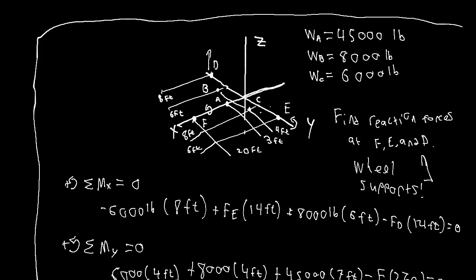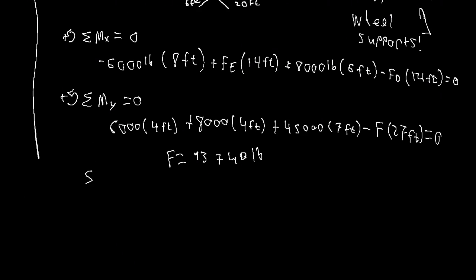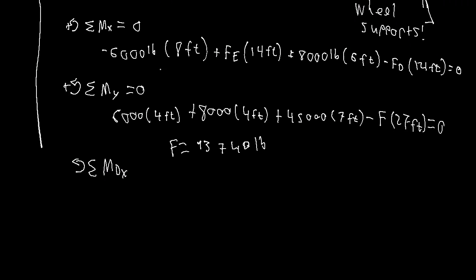Let's draw this out here. So we'll use the dx-axis, the x-axis, that is, and that's positive. So, summation of moments about the dx-axis. That direction is positive. So what do we have?